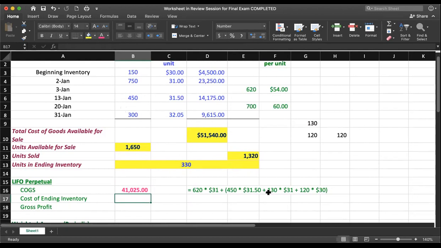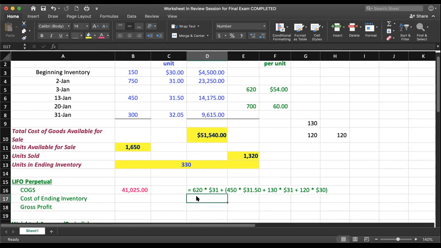And recall, all of that cost of 450, that's gone. The 750, which is 620 plus 130, that's all been used or sold. And then of this 150, 120 have been sold. So there are just 30 units left at the $30 price.